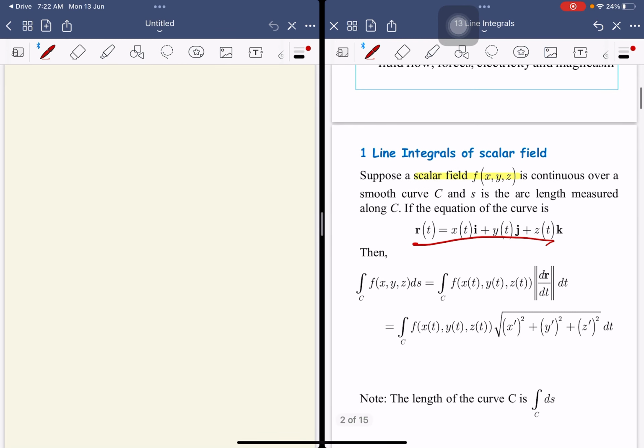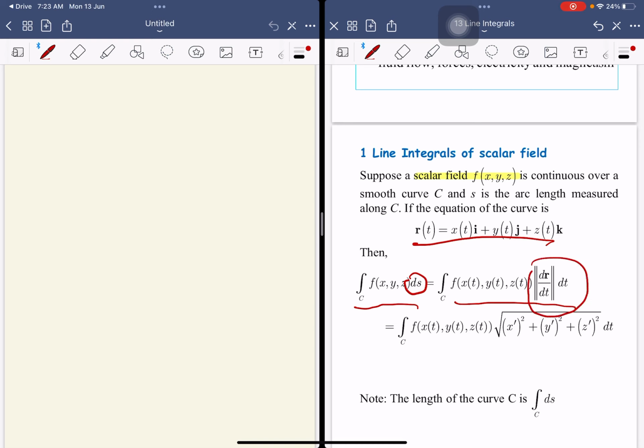This is the line integral of a scalar field, and we have ds here. Because we want to integrate over a smooth curve, we transform it this way so that we integrate with respect to t, where ds is now equal to this part.